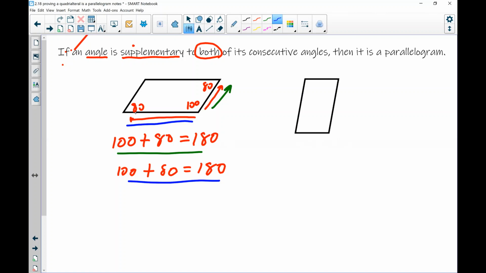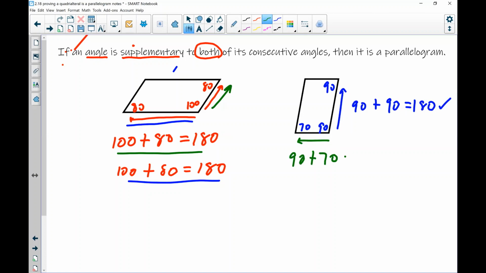An example of it not being a parallelogram could be this: let's say this is 70, this one over here is 90, and this one up here is 90. If I go this way, 90 plus 90 is 180. That works out. But if I go the other way, I do 90 plus 70, which is 160, and 160 is not what we need.